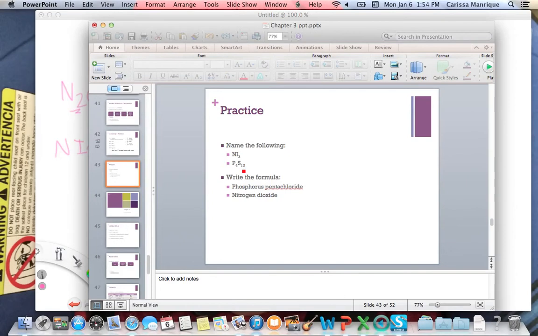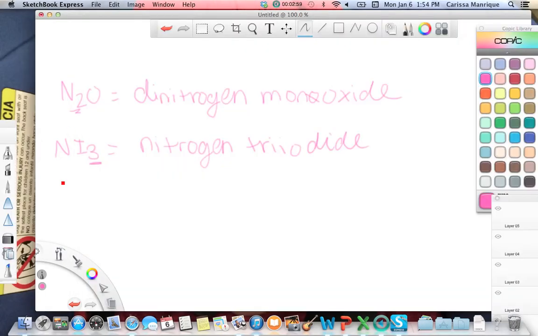Now we have P4S10. 4 is tetra, so tetra, P is phosphorus.